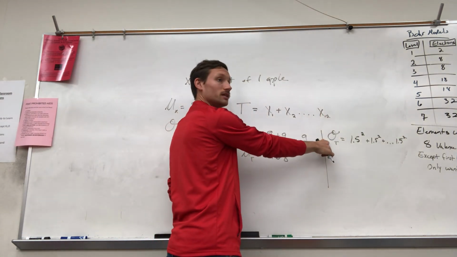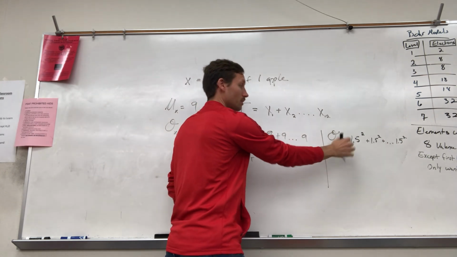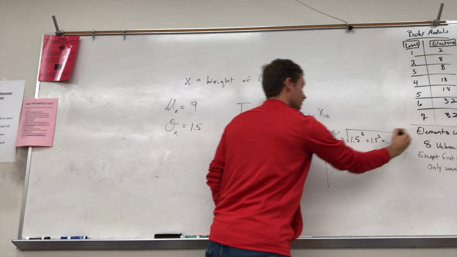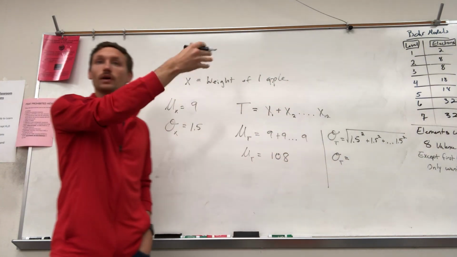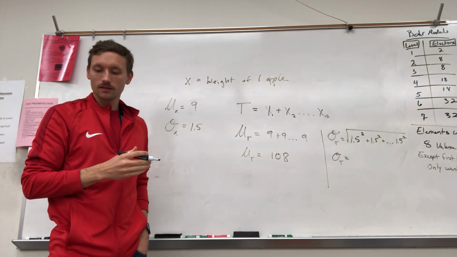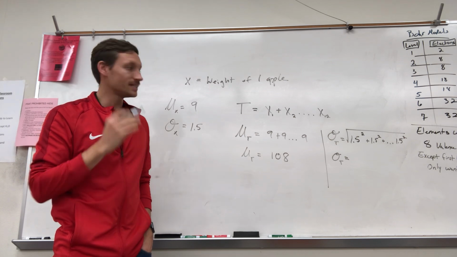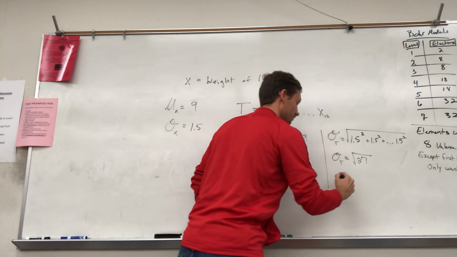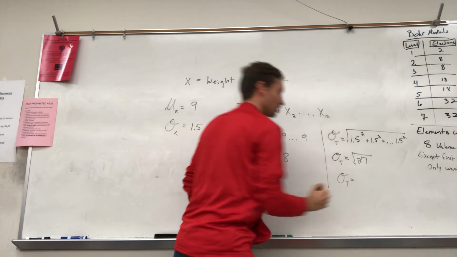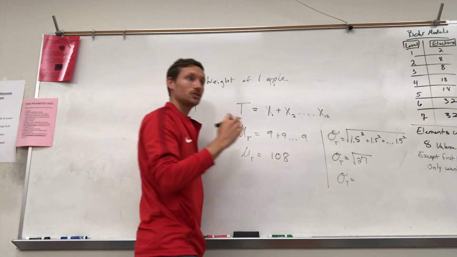This would give me the variance, but I want the standard deviation, so I'll take the square root of this. If I add 1.5 squared 12 times, it's going to give me 27. So the standard deviation is going to be the square root of 27, which is about 5.2.